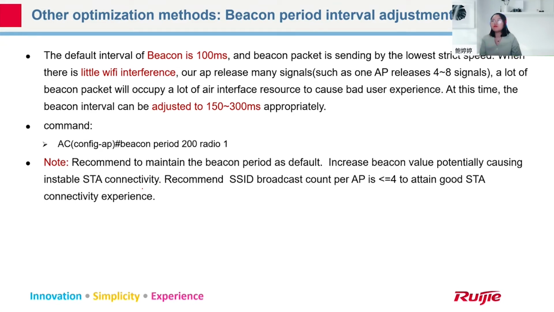We have to wait for the beacon frame and then connect. If you make the time longer, I have to wait a long time, right? And it is recommended that the SSID broadcast count per AP be less than 4 to attain a good station connectivity experience. So this is a recommendation of the value.